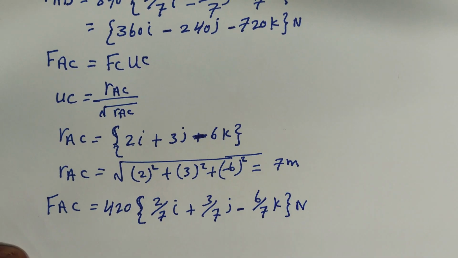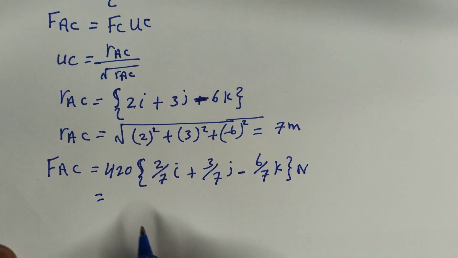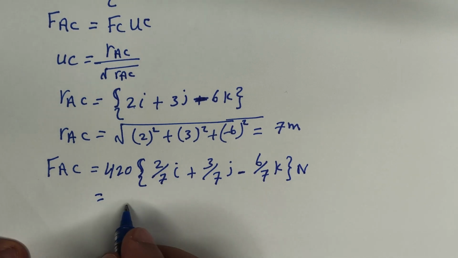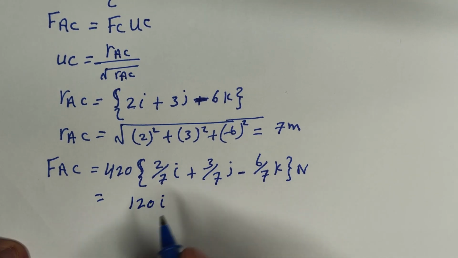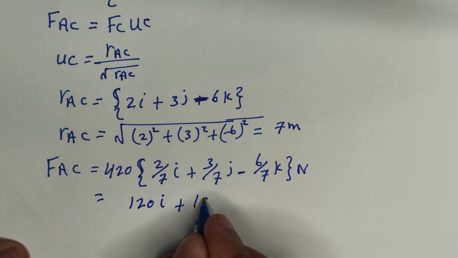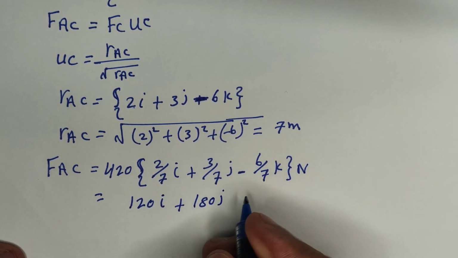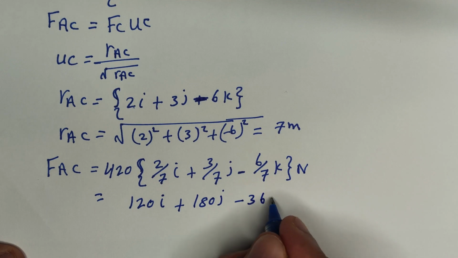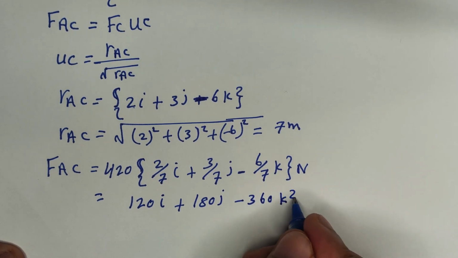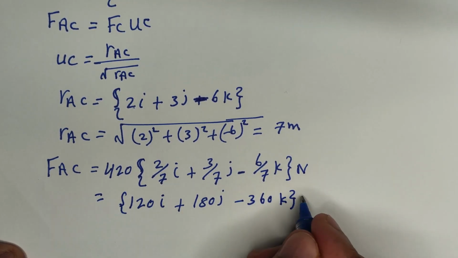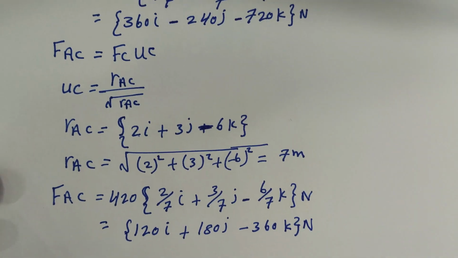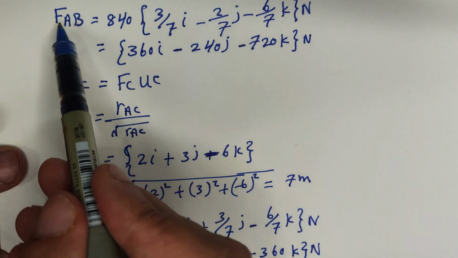Of course it's in Newton. Once you plug all of this into your calculator, that should equal 120i plus 180j minus 360k. And of course this force is in Newton. Now we found FAC and FAB.